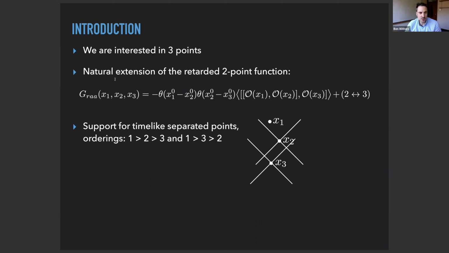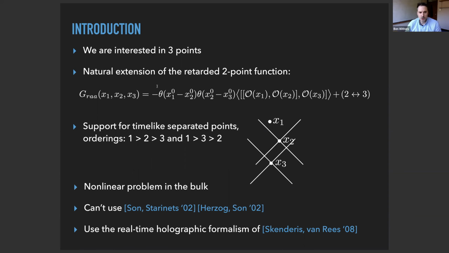So in other words, this fully retarded 3-point function has support in the following configuration, when we have x2 in the future light cone of x3 and x1 in the future light cone of x2, or if we consider the analogous diagram, but where we swap 2 and 3. So computing this is no longer a case of doing a linear response problem like a Klein-Gordon equation on a fixed black hole background in the bulk. It's now a nonlinear problem.